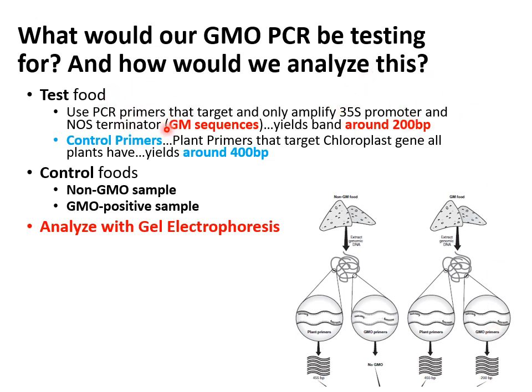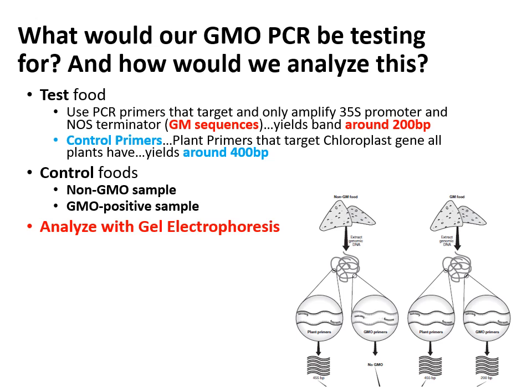At the same time, you would also have control foods. So not just control primers, but control foods: a known non-GMO sample that you would prepare, and a GMO positive sample that is known to contain that promoter and terminator, so that you can compare your test food results to those two samples.